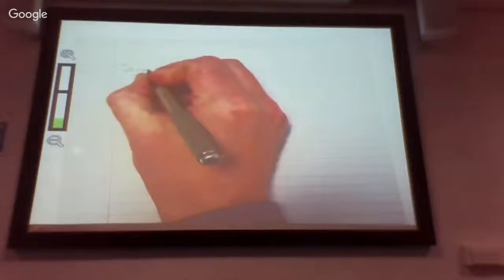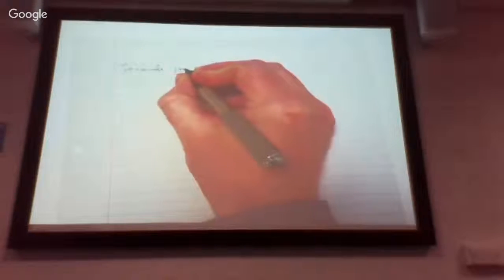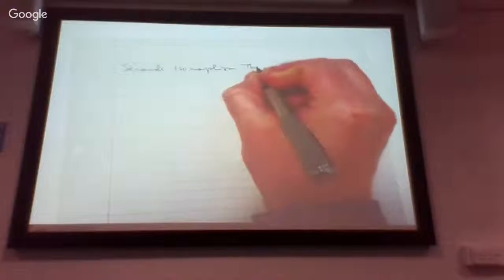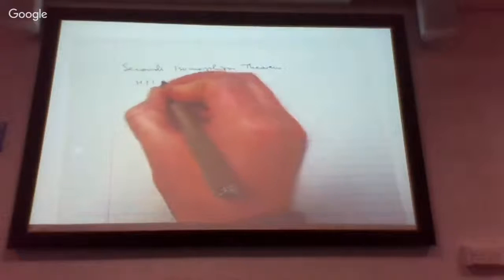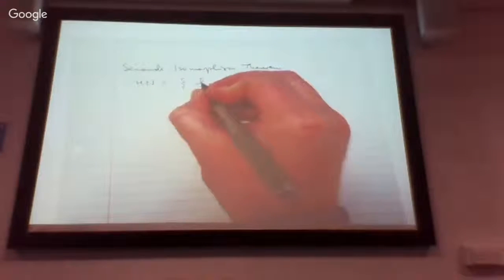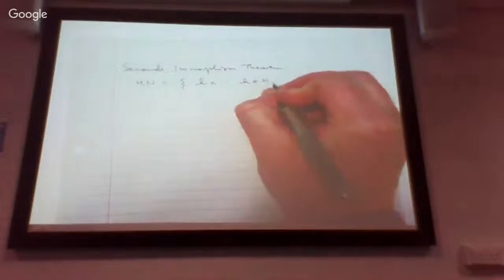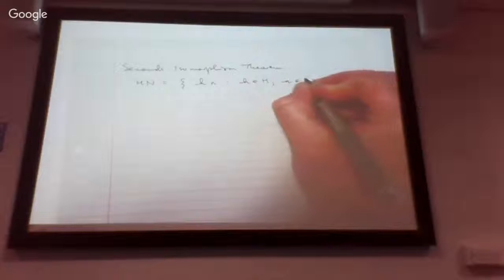So for the second isomorphism theorem, this construction, you're multiplying together two subsets, that just consists of all the products H times N, where little h comes from H and little n comes from N. Okay.